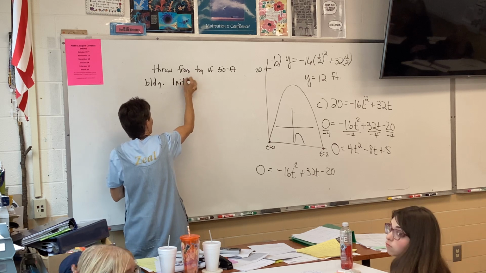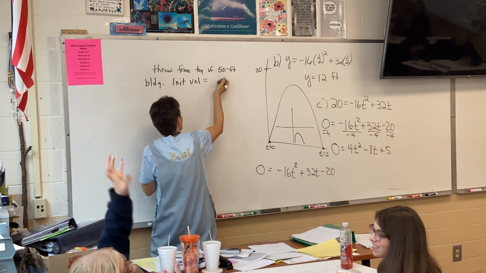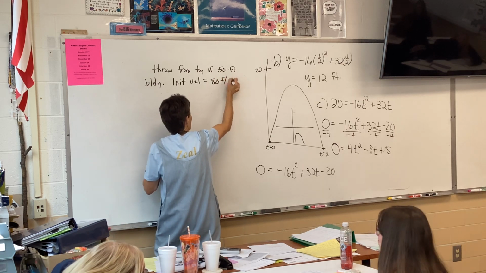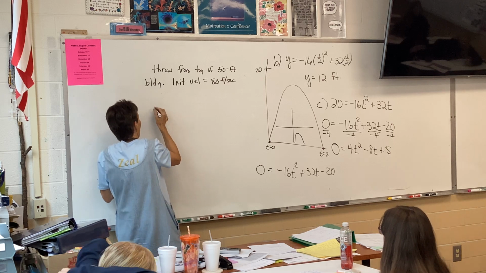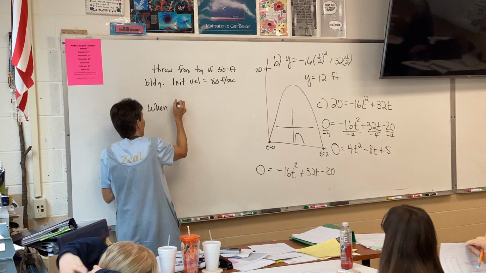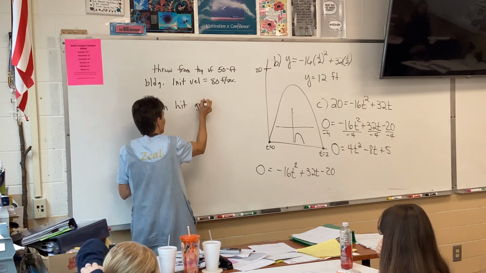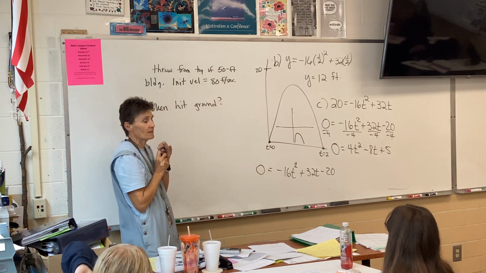The initial velocity is 80 feet per second. I want you to tell me, when does the ball hit the ground? That's going to be a guaranteed test question. Let's see if you can figure it out.